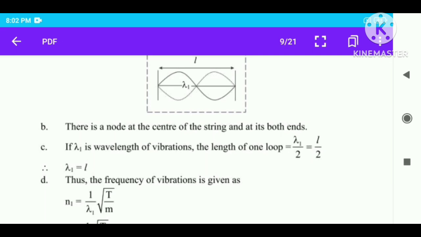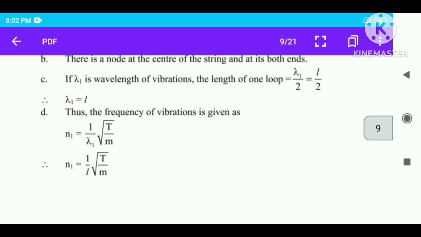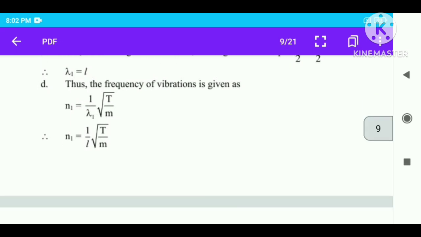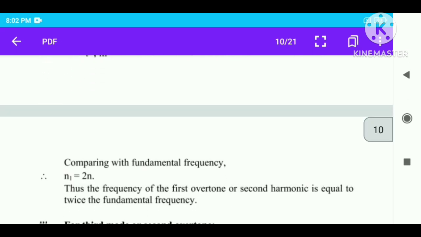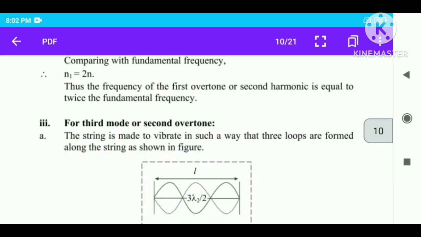Therefore, lambda 1 is equal to L. D: Thus the frequency of vibration is given as n1 is equal to 1 upon lambda 1 under root T by m. Therefore n1 is equal to 1 upon L under root T by m. Comparing with the fundamental frequency, n1 is equal to 2n. Thus the frequency of the first overtone or second harmonic is equal to twice the fundamental frequency.